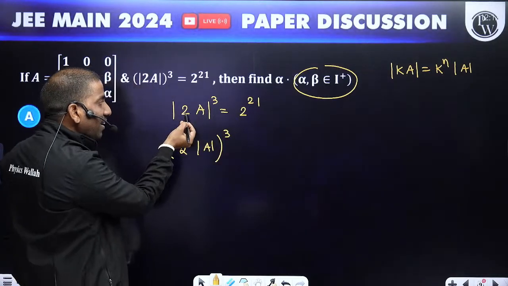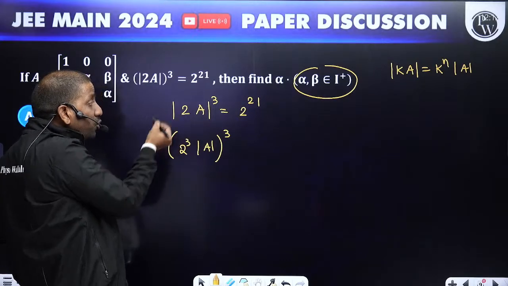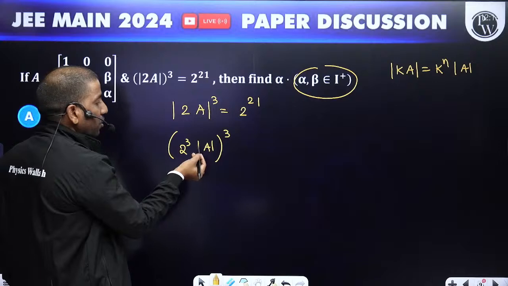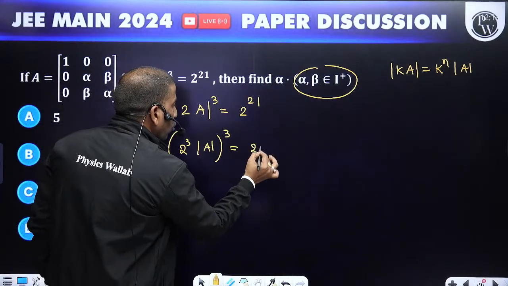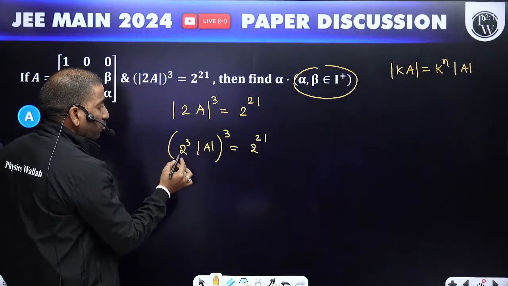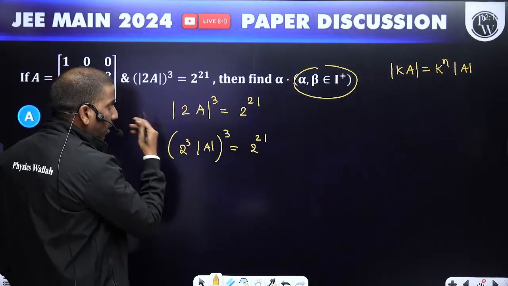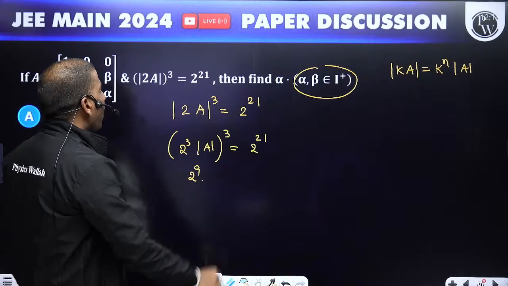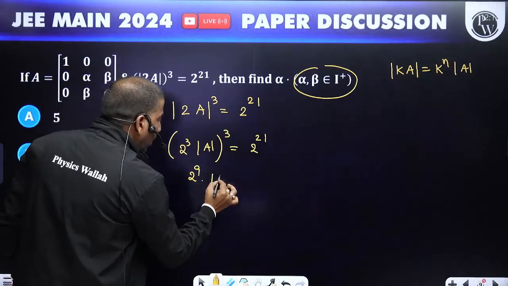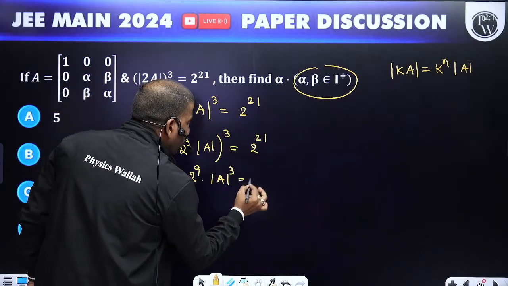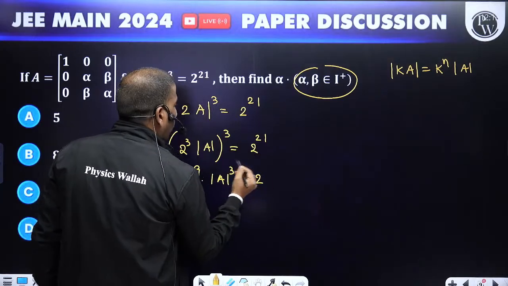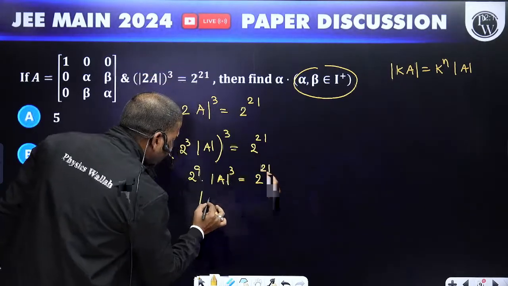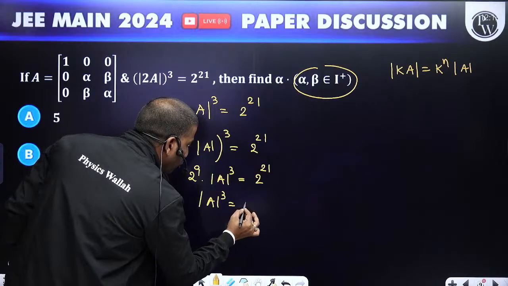So I got 2 outside the determinant. According to the formula, this is a 3 by 3 matrix. So what you would get is 2 power 21. Once you observe here, 2 power 3 cubed becomes 2 power 9, and determinant of A power 3 is equal to 2 power 21.